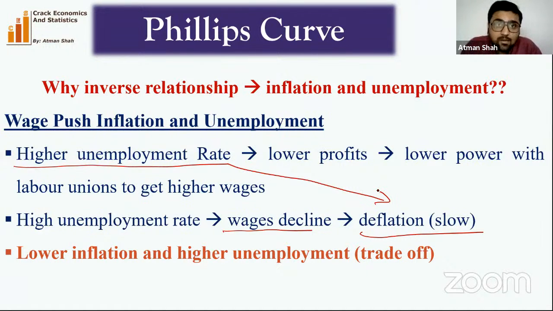So this idea behind the inverse relationship is very important, and that can be explained with the help of demand pull inflation and unemployment, and wage push inflation and unemployment. And the upward movement in the money wage is very quick and rapid, whereas the downward pressure on the wage rate is a slow process.